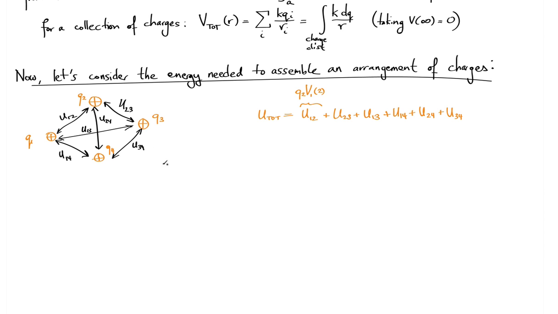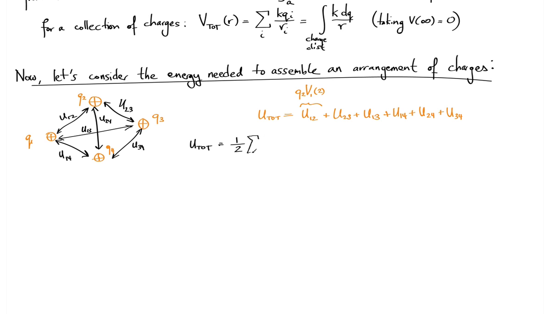So in general, what I can write this as, U total, is basically 1/2, and I'll explain the 1/2 again in a second.